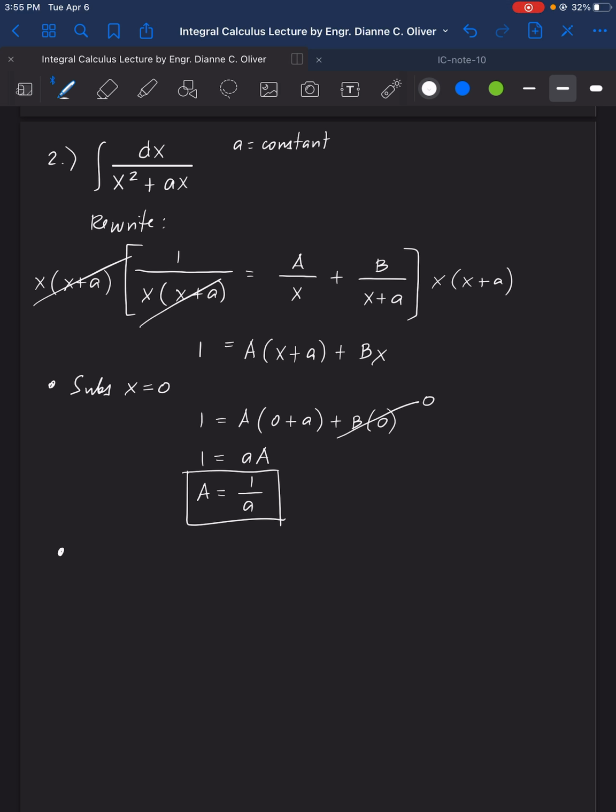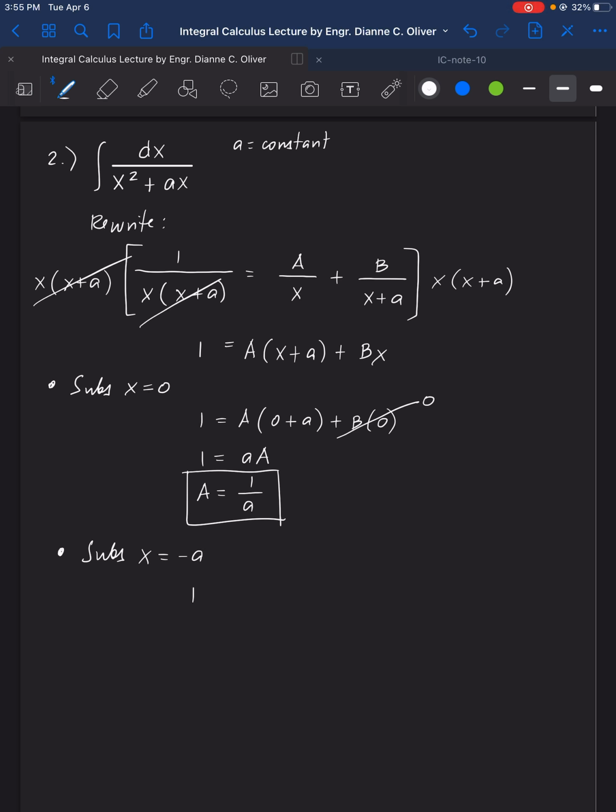Next, for the value of b. So what will we substitute for x here so that the big letter A can be removed? So x is equal to negative a.